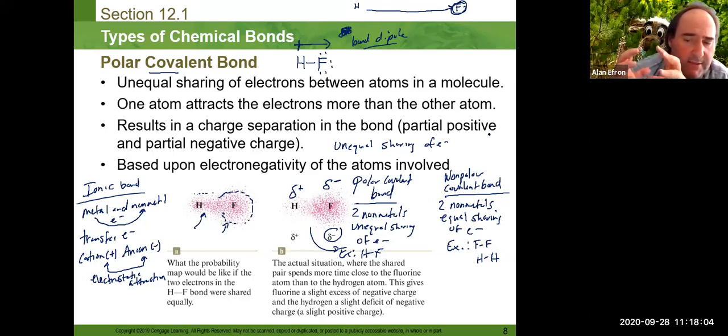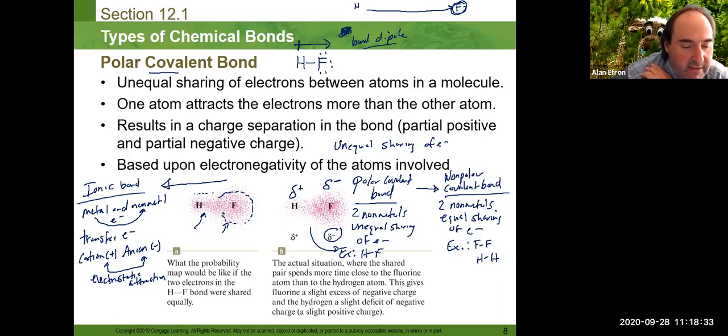And in the middle, we have not equal sharing of electrons, but not such unequal sharing that they've been transferred. We have these polar covalent bonds, or just a polar bond, which is also between two nonmetals, with unequal sharing of electrons. Again, not to the point where it becomes so unequal that the electrons have been transferred, like we get over here, and not nice and equal sharing like we have here.